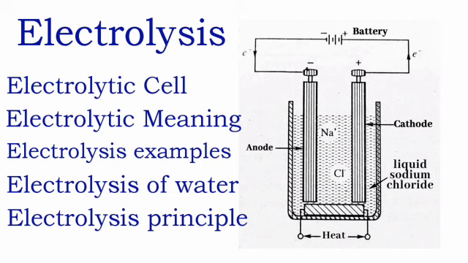These substances, which are in liquid or molten form and can conduct electricity, are known as electrolytes. Therefore, an electrolyte is a molten or melted compound that conducts electricity.